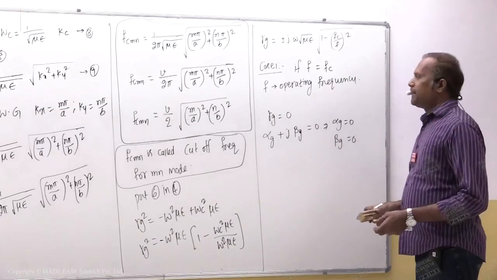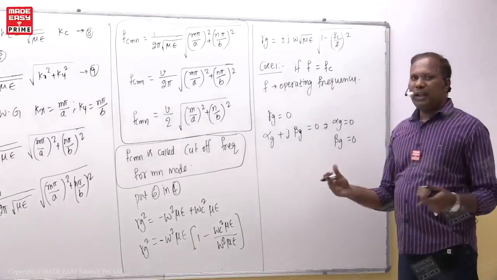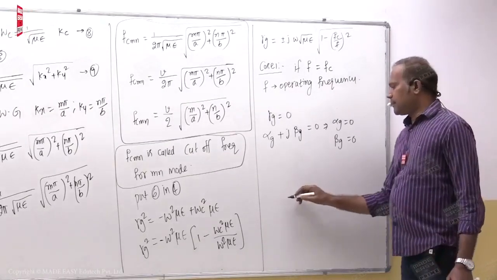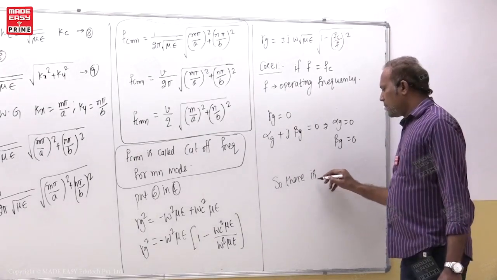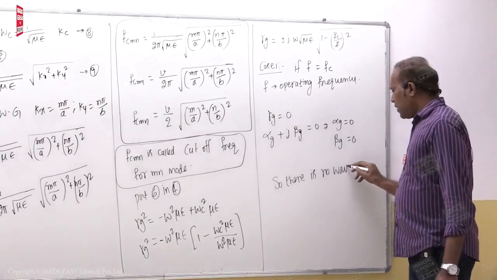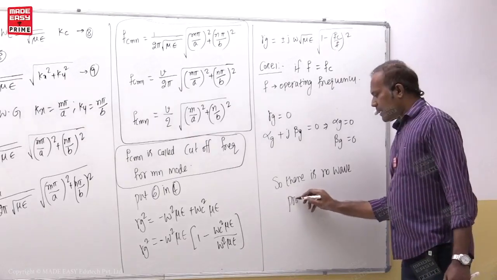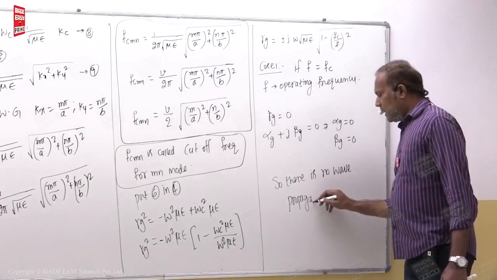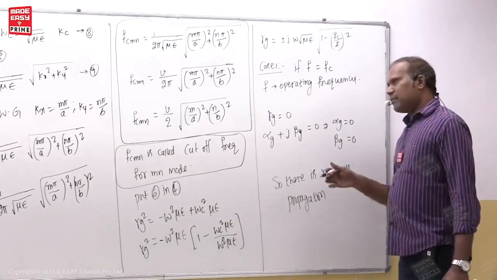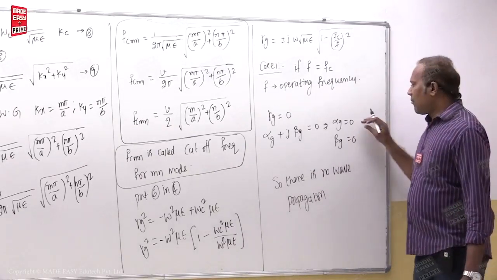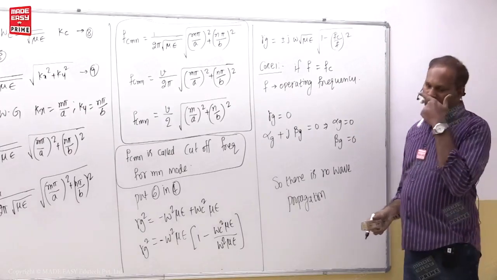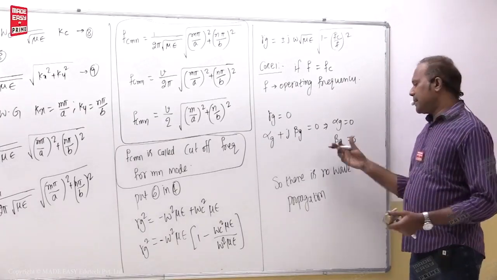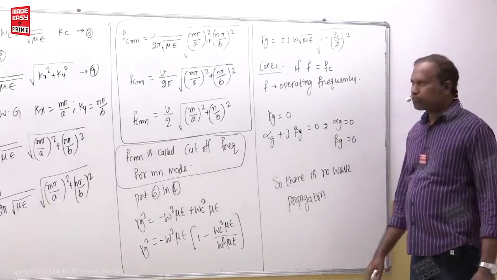So in this case alpha 0, beta 0, there is no wave propagation. Already we have studied in the uniform plane wave as well as transmission line, alpha 0 and beta should not be 0, then only wave propagation exists. So in this case, there is no wave propagation.